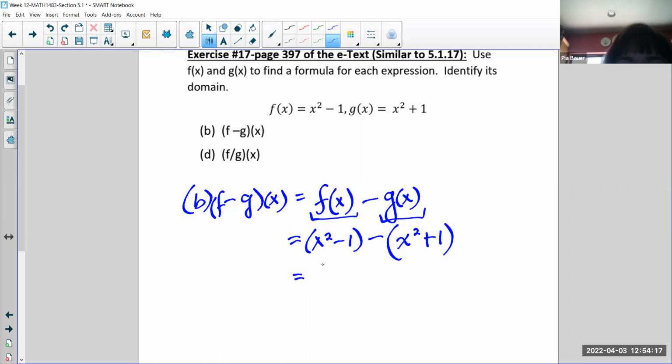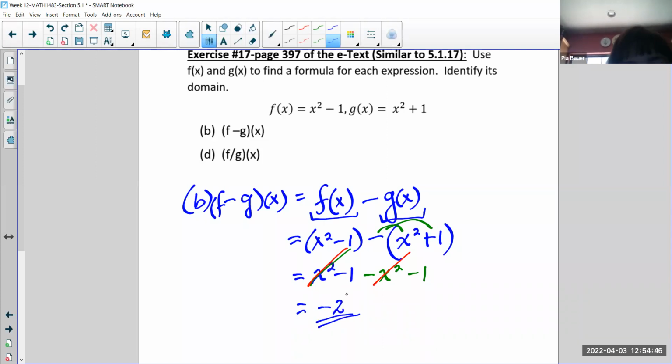So now I can go ahead and get rid of the parentheses, but here I have to distribute that negative. So that becomes a negative x squared minus 1. And notice what happens is the x squared minus x squared are going to cancel out, and your final answer will be a negative 2.